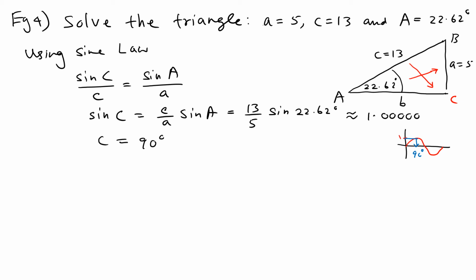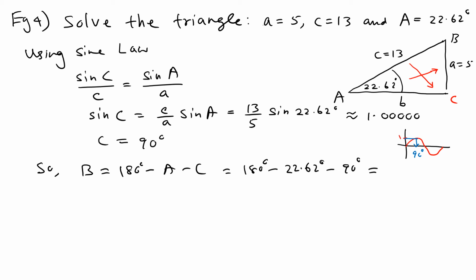B equals 180 minus A minus C, because those are two angles, and then we can subtract them. 180 minus A, which is 22.62, minus C, which is 90, gives 67.38.